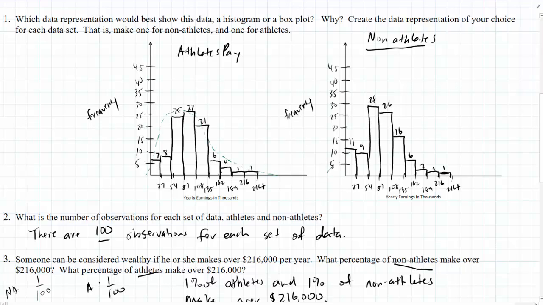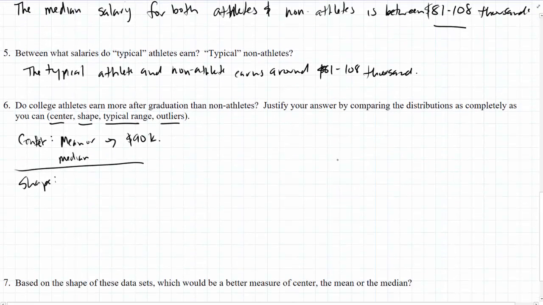Same as before, most of the data is here, and at the end it starts falling off. So I'm going to say this is skewed to the right, and both of them are similar in that regard.